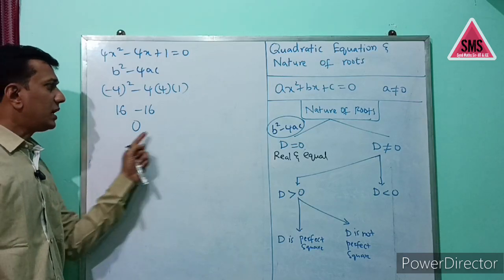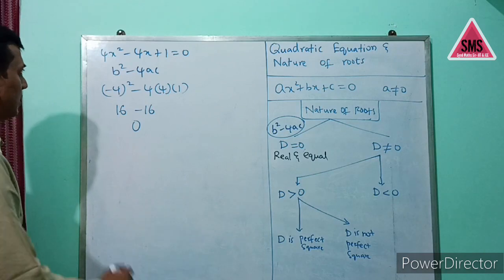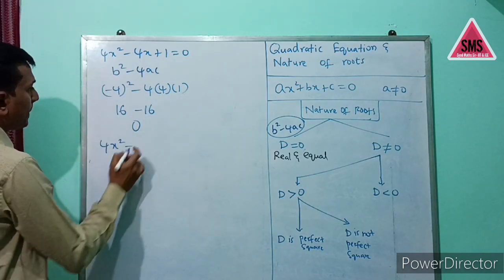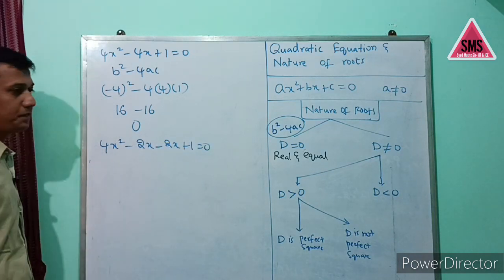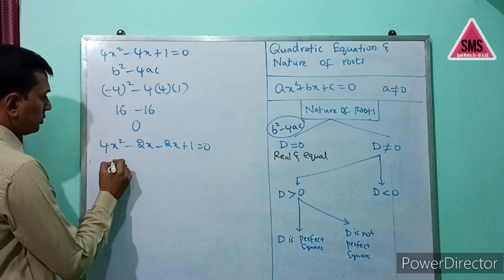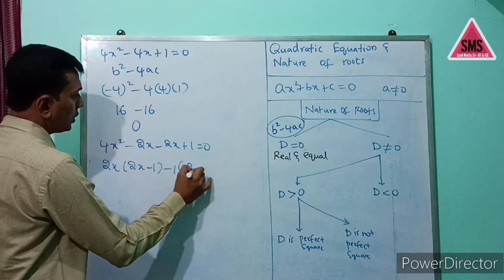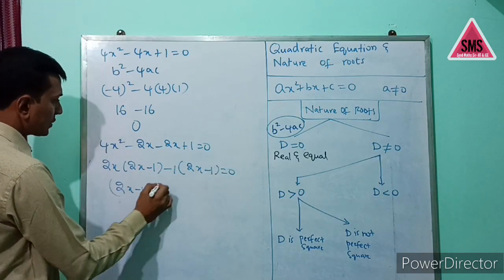Whenever the discriminant is 0, what type of roots are we going to get? Real and equal. So let us check by factorizing. When you factorize, you are going to get 4x square minus 2x minus 2x plus 1 equals 0. Now take 2x common, 2x minus 1, and again 2x minus 1 is common.